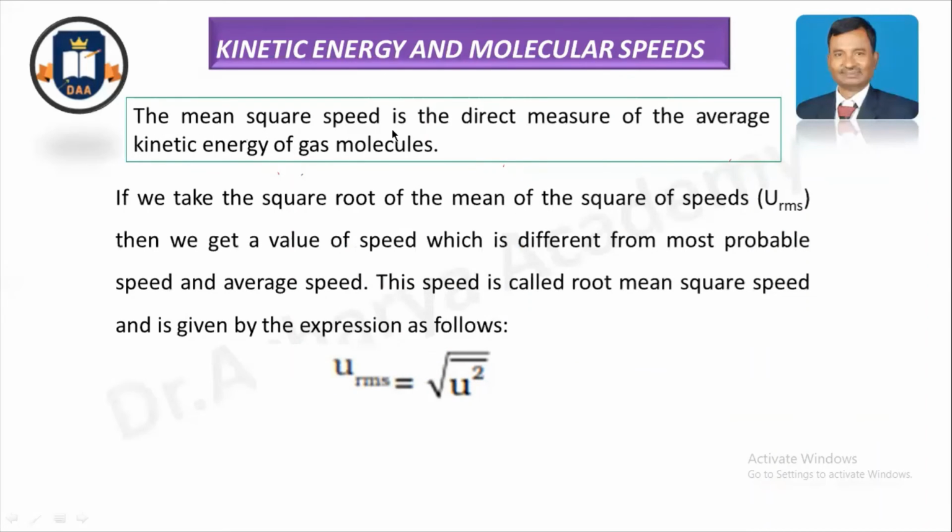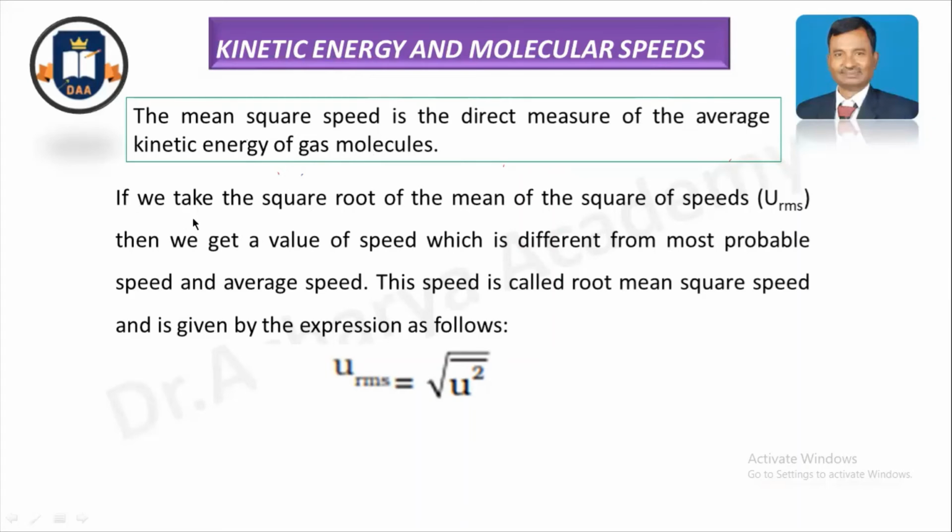So the mean square speed is a direct measure of the average kinetic energy of gas molecules. Remember that when we calculate the average kinetic energy of gas molecules, we have to use the value of the mean square speed.